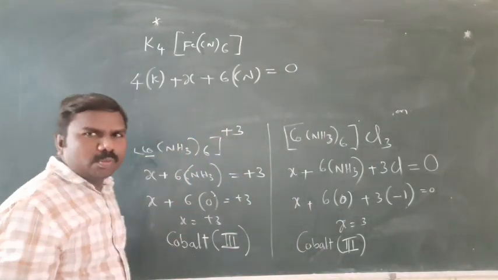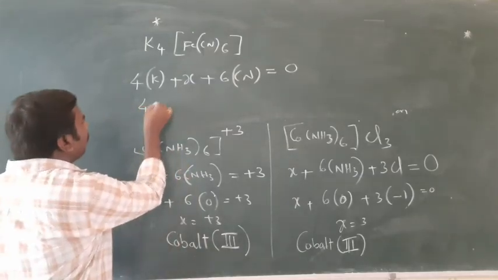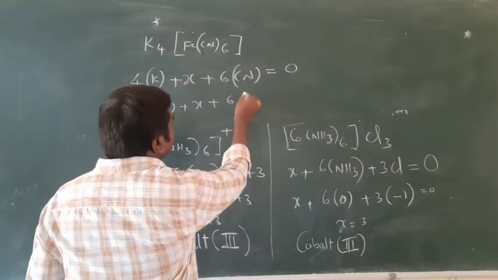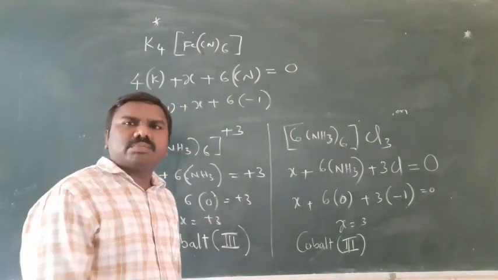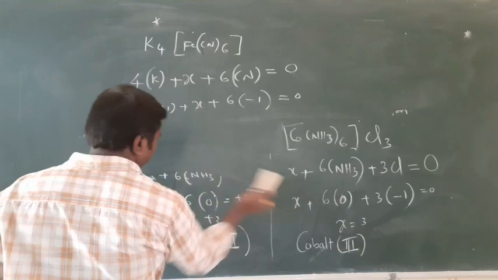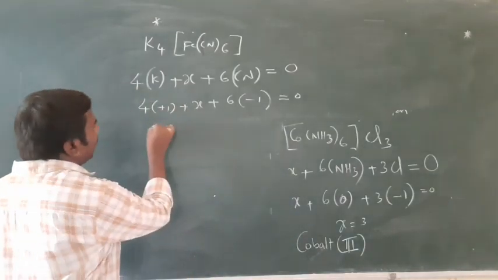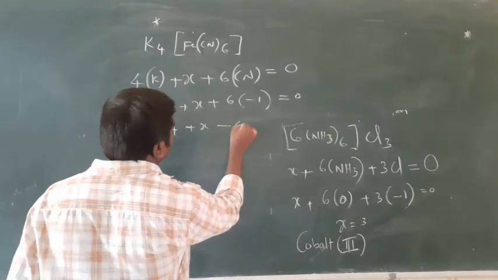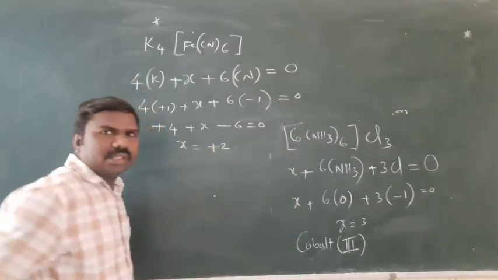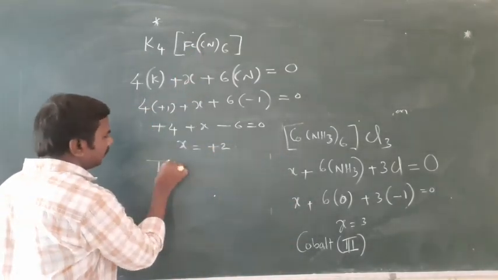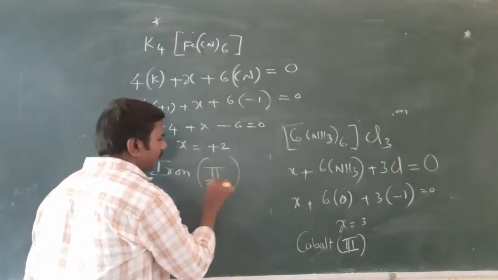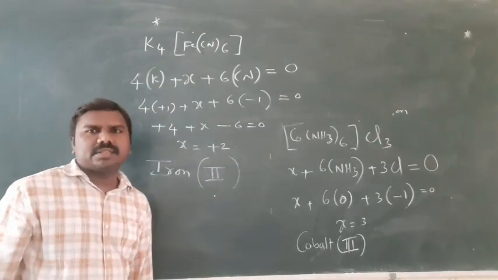Potassium is a first group element, K plus 1, that's why 4 into plus 1. Iron is X. 6 cyanide ions. Cyanide is CN minus, that's why minus 1. It is equal to 0. Then you can write plus 4 plus X minus 6 equals 0. Finally, X equals plus 2. You can write it as iron, the central atom iron, oxidation state equal to 2, which should be written in Roman numerals.